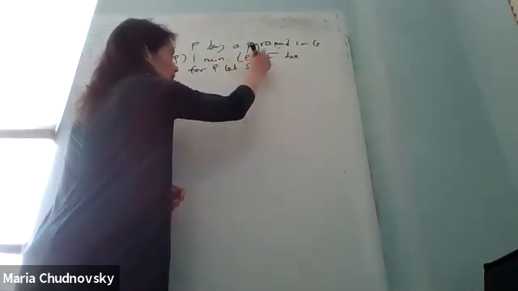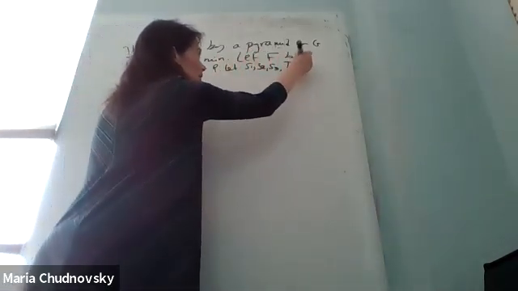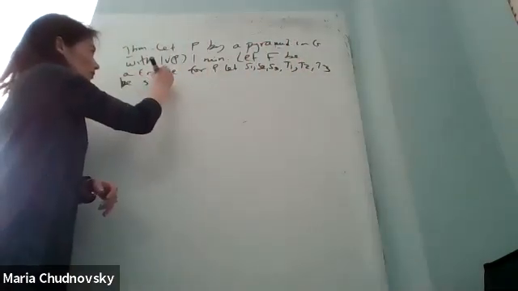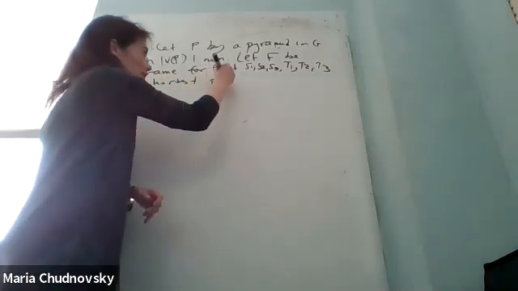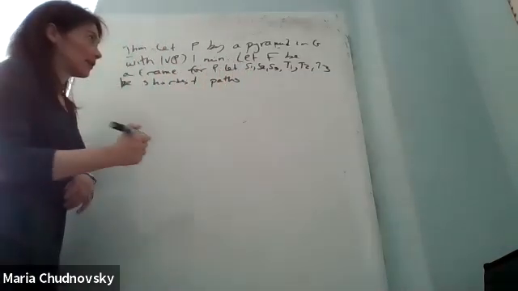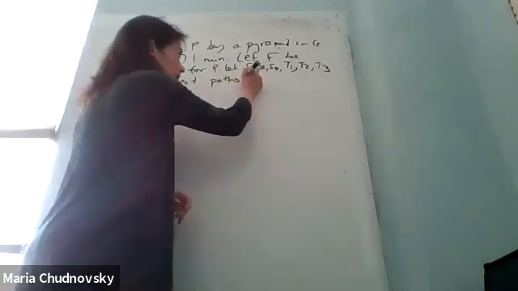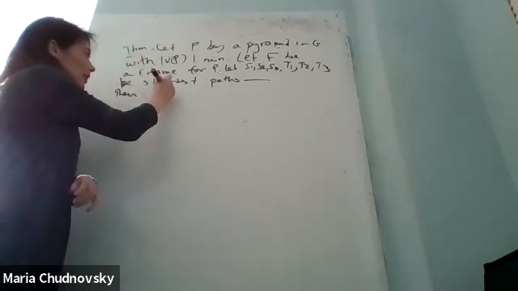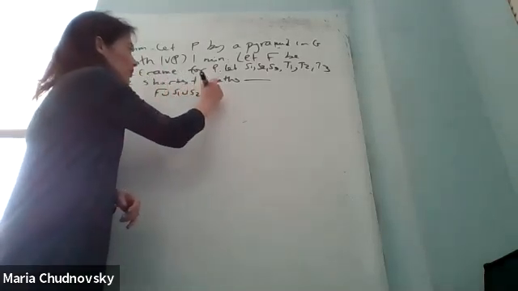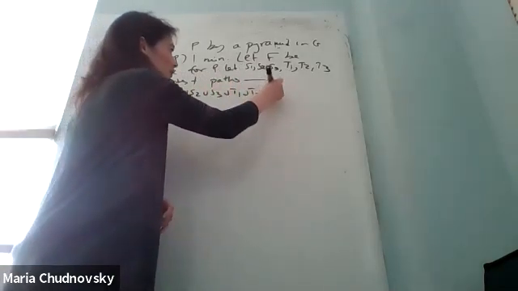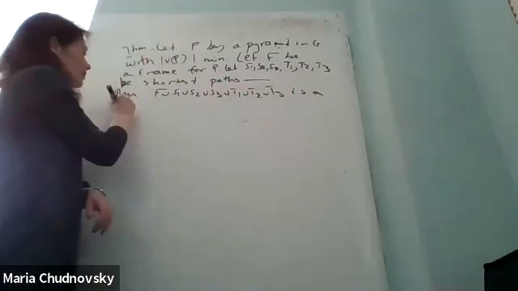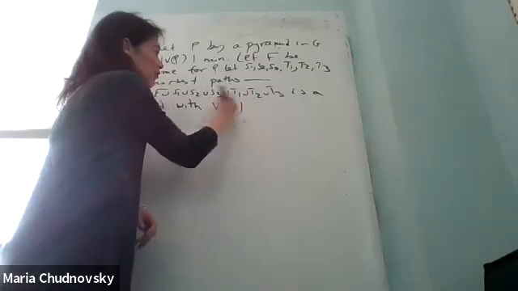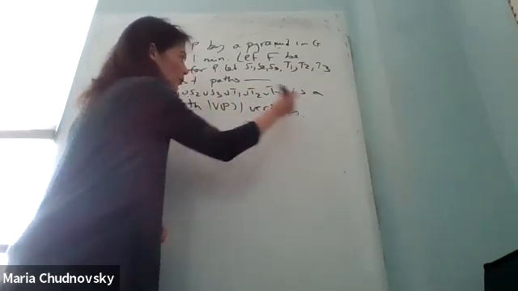Let S1, S2, S3, T1, T2, T3 be shortest paths somewhere, and I'll say in a minute where. Then F union S1, S2, S3, T1, T2, T3 is a pyramid with V of P vertices.